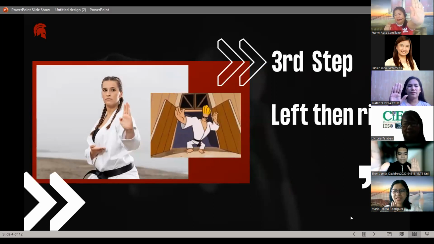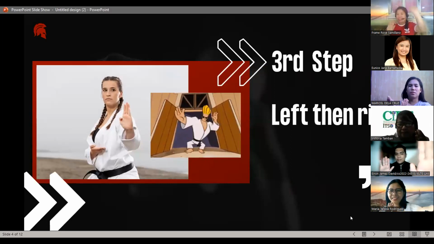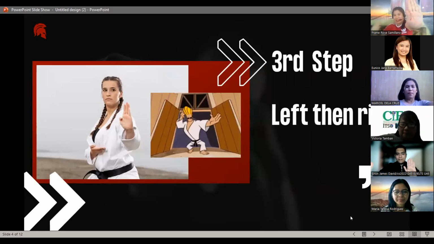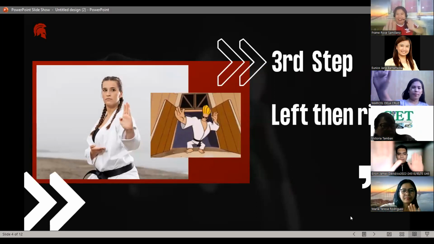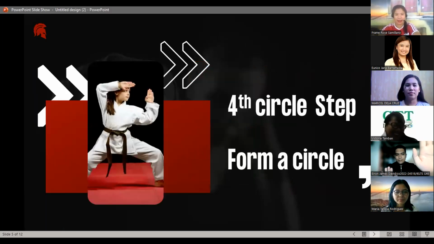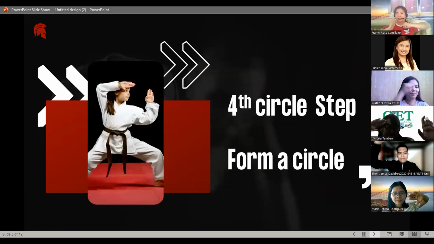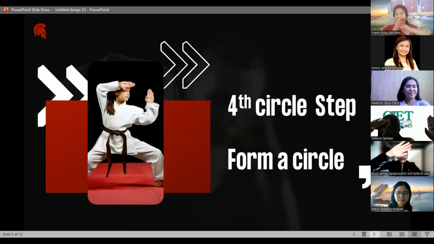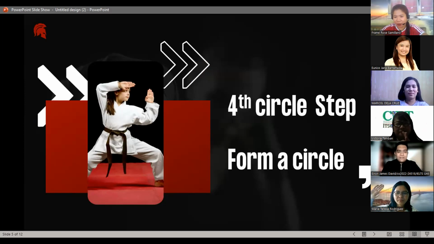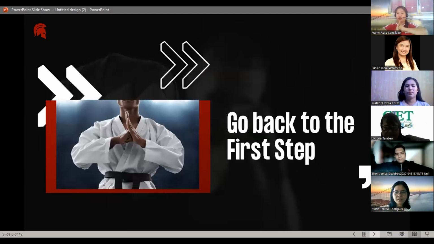And then right again, nasa unahan. Okay, left muna. And then right hand. Right. Okay, for our next step, gagawa lang po tayo ng circle. Form tayo ng circle, ganito. And then back to the first step. Ulitin natin. Gagawa lang tayo ng circle. Circle and huh.